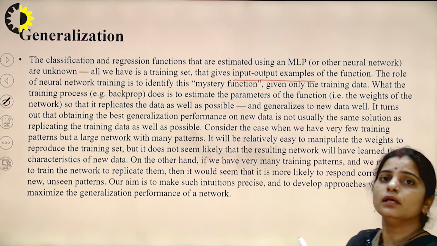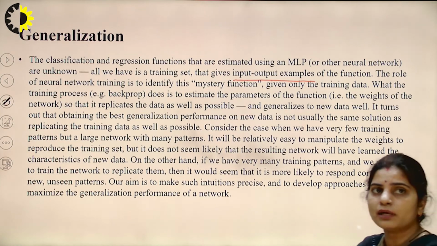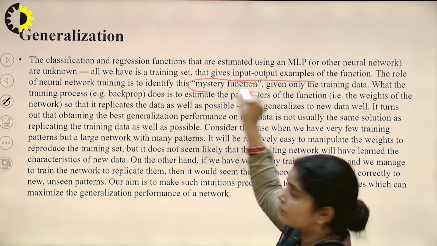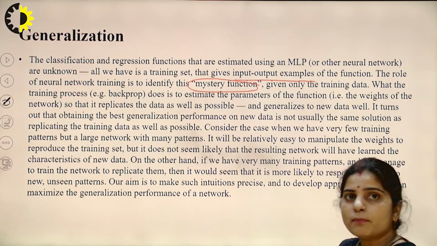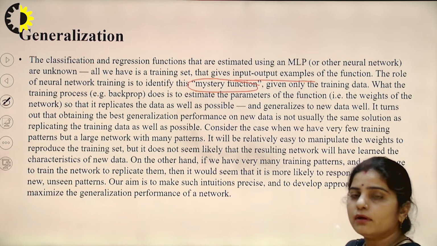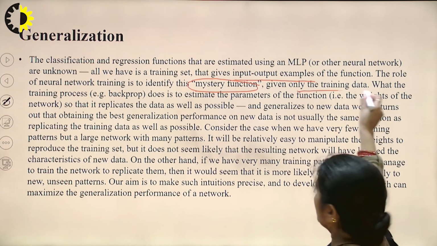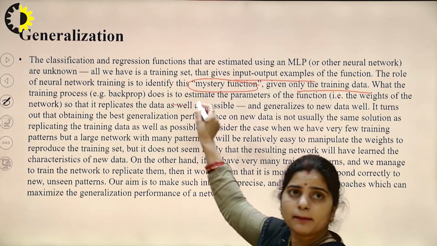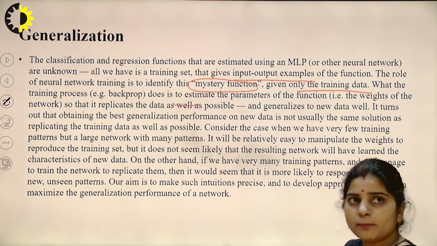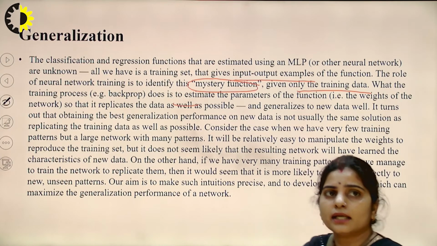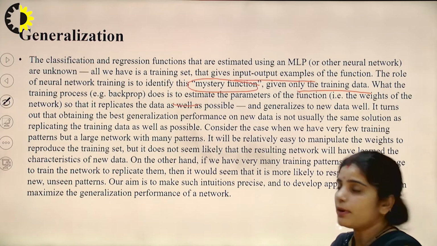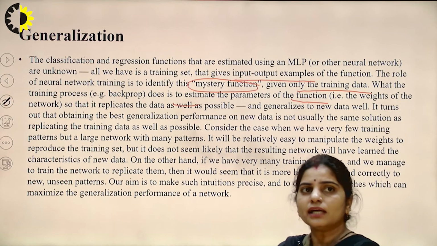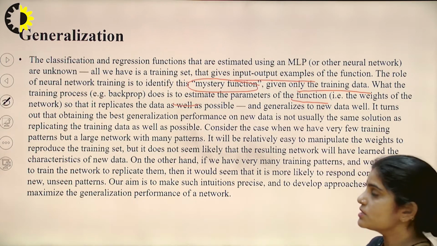The role of neural network training is to identify that function, which is a mystery, because we have only the training data at present. The training process estimates the parameters of that mystery function, that is, the weights of the network, so that it can replicate the data as well as possible.